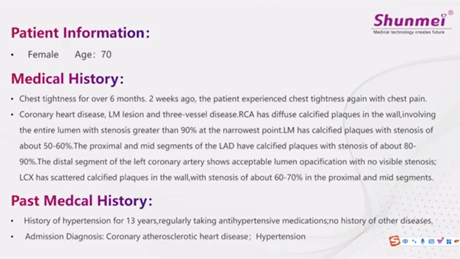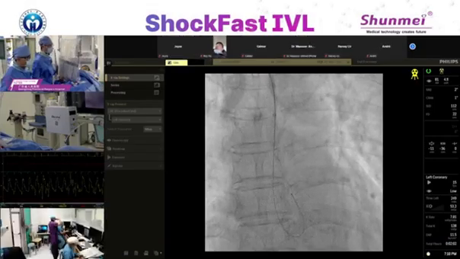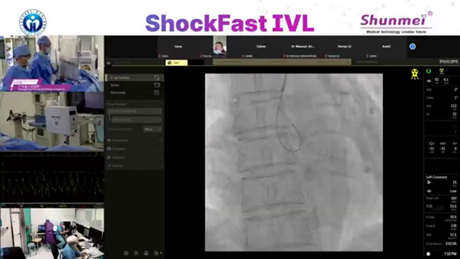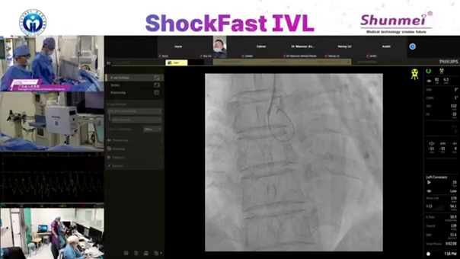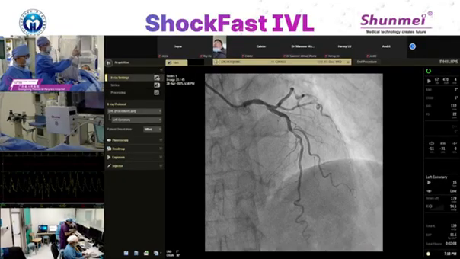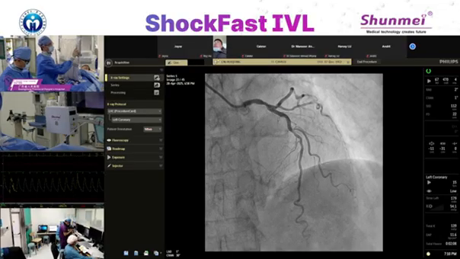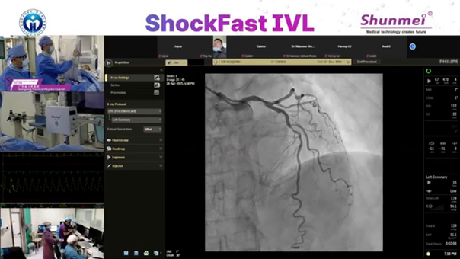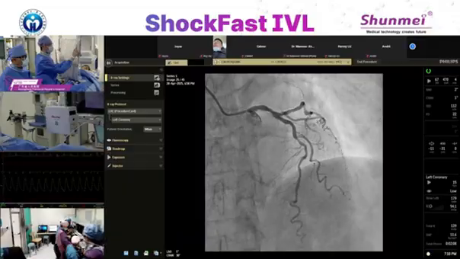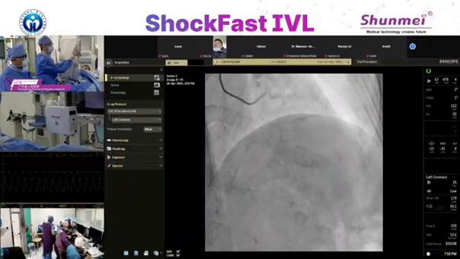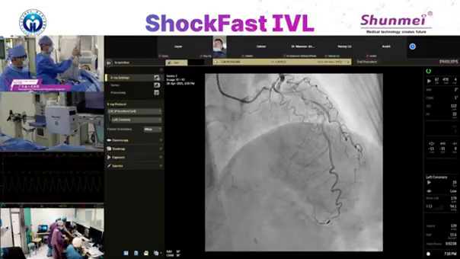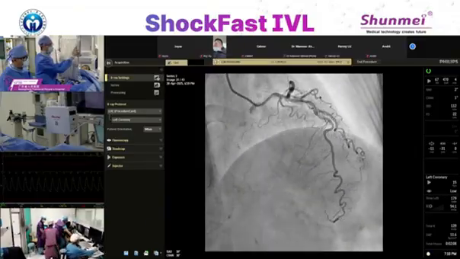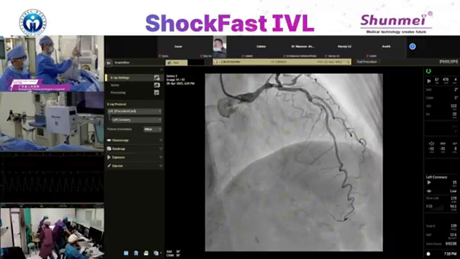Yep, thank you. We just finished the angiogram for the lady, and we can see there is some stenosis at the LAD, the very proximal LAD, like distal left main, and the mid LAD. It seems it's not so significant as it looks in the CTA, but it is some eccentric stenosis.